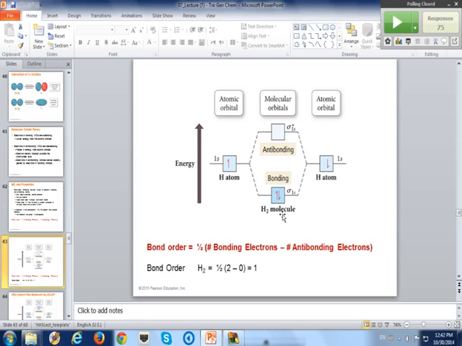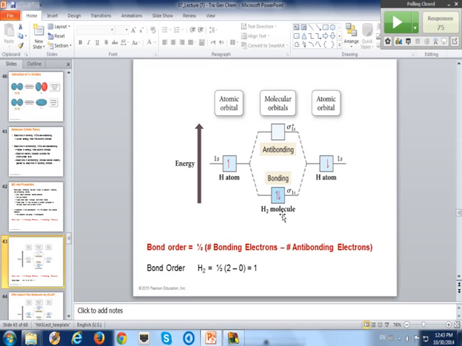Combining those orbitals of the 2 atoms, their valence shells, 1s for each, it results in 2 molecular orbitals, 1 bonding we noted, and here's the orbital diagram for such, the other one antibonding, and we can configure the valence electrons among those molecular orbitals just as we configured the valence electrons among the atomic orbitals for the individual atoms.